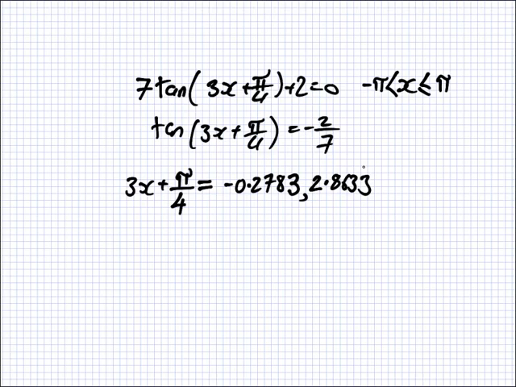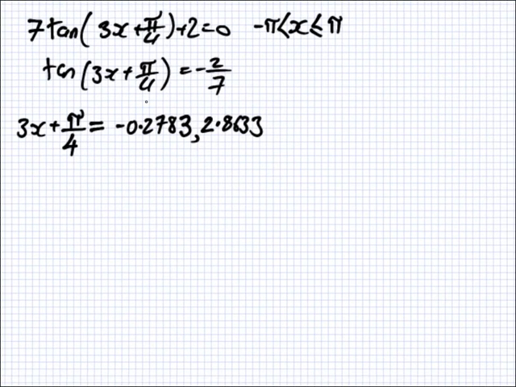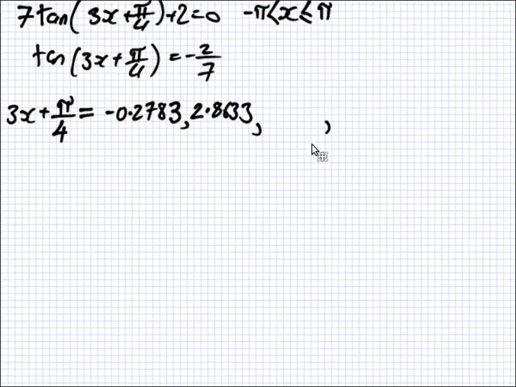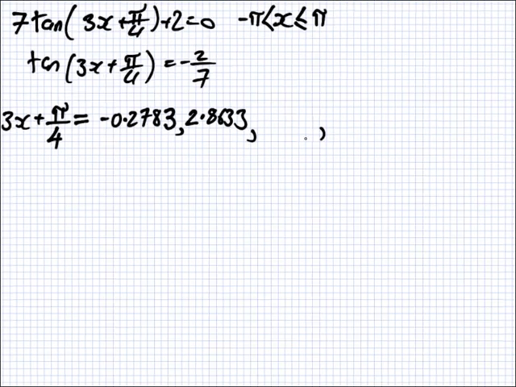Okay, now, how many answers should we have in total? 6. So we have to add 2 pi and 2 pi to each of these. So what are our next two, please? 9.146, okay.